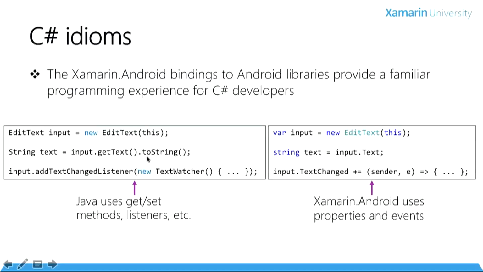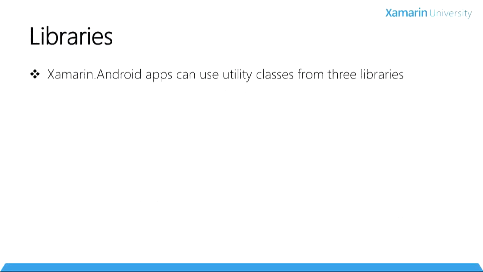When Xamarin wraps this class, they translate that into a property named text. So the usage pattern will be much more natural for a C# developer. The same thing's true for eventing. On the left-hand side, the edit text uses the add and remove listener pattern, which is common in Java. The Xamarin wrapper changes that into a text changed event. Again, much more familiar and natural for the C# developer.